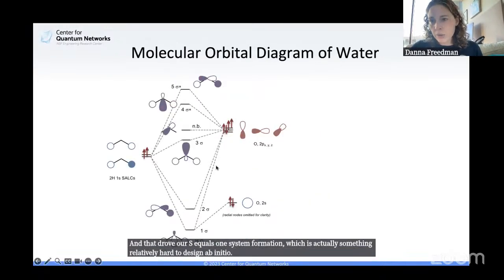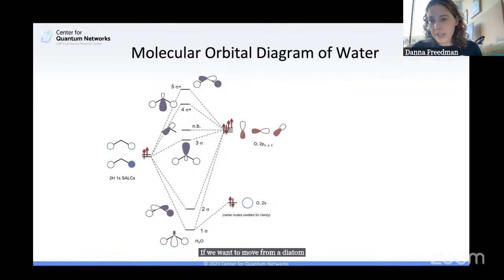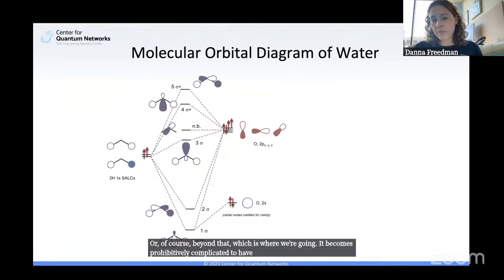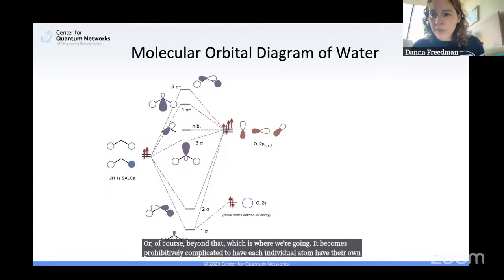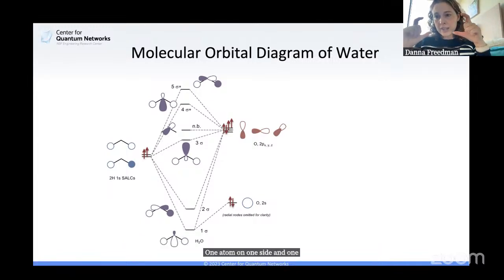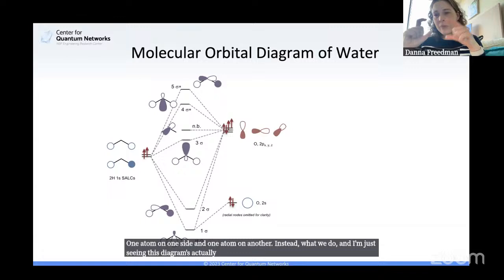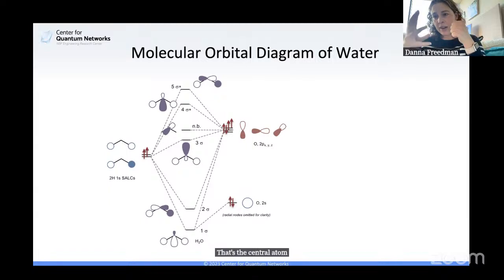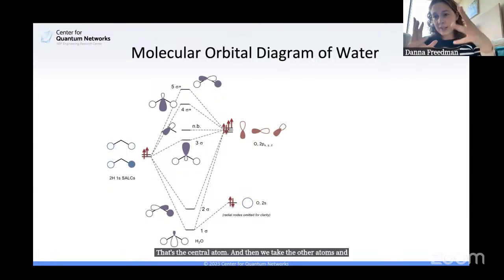If we want to move from a diatomic system to a triatomic system, or of course beyond that, which is where we're going, it becomes prohibitively complicated to have each individual atom have their own home. So instead of having one atom on one side and one atom on another, I'm just seeing this diagram's actually backwards of what we usually do, but we choose one atom that's the central atom, and then we take the other atoms and reconfigure them as an entire set.